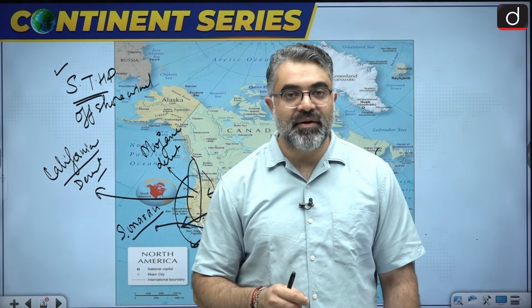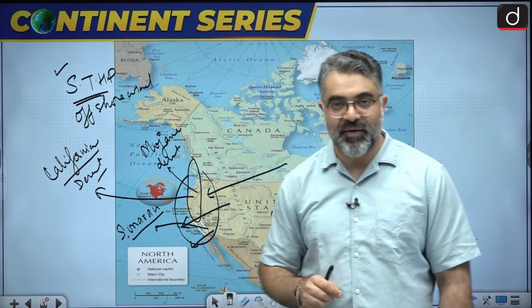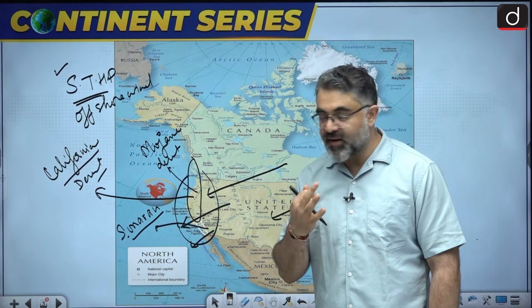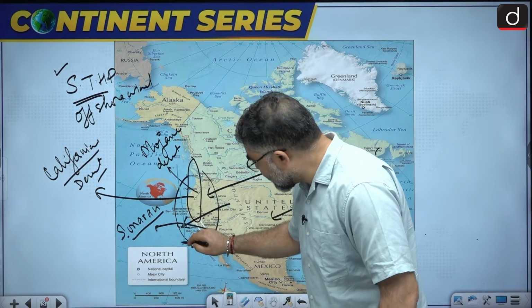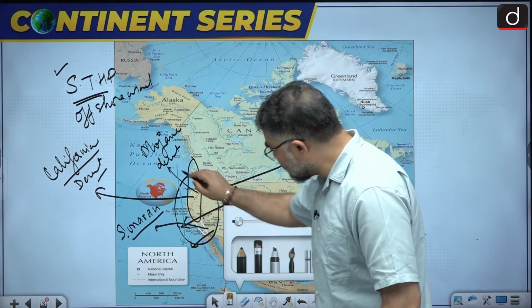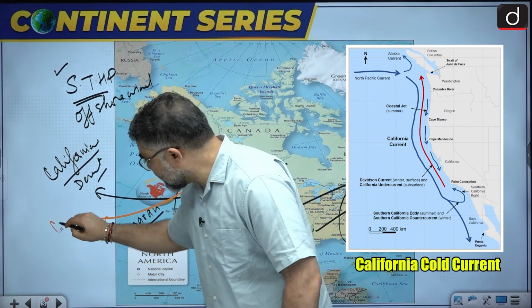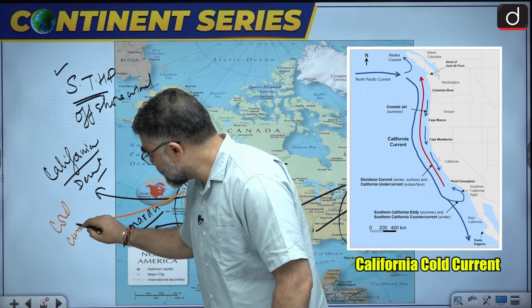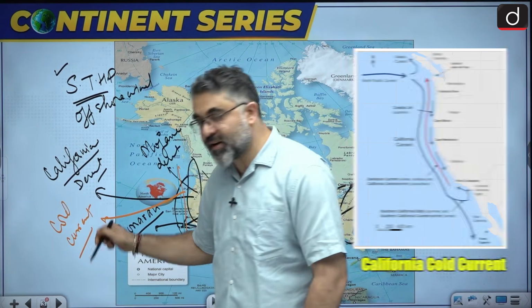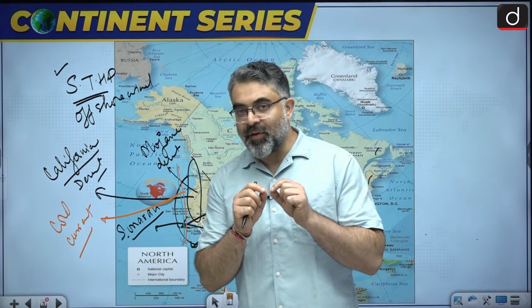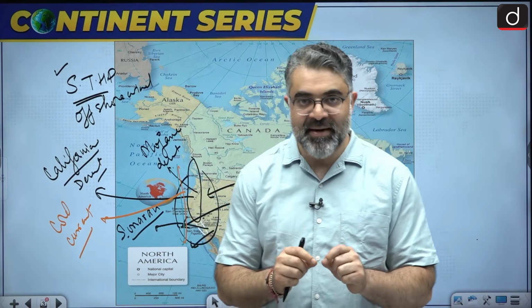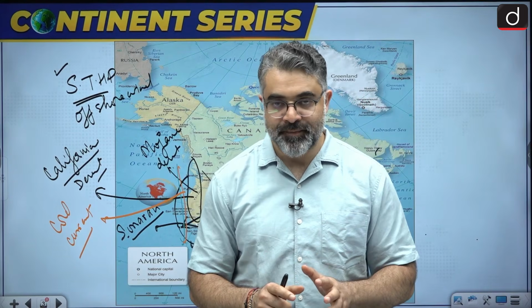So trade winds are offshore towards western margin of continents. And third factor is the presence of cold current here, presence of cold current called as California cold current that causes formation of cold dense air masses which subside and do not cause rain.